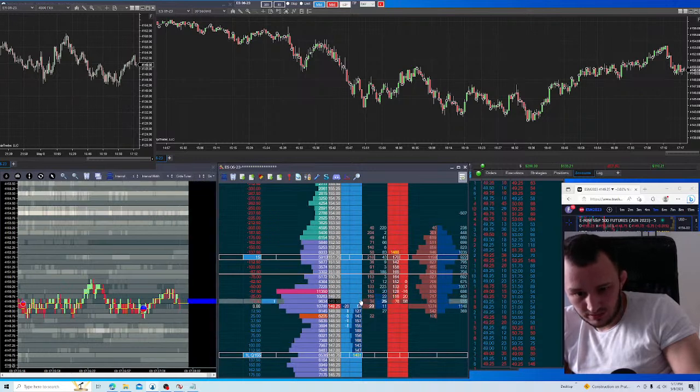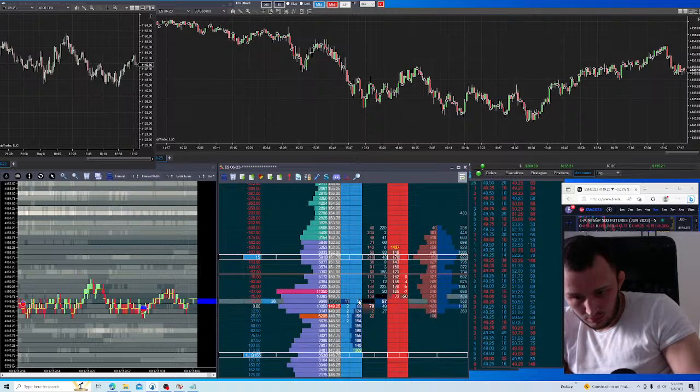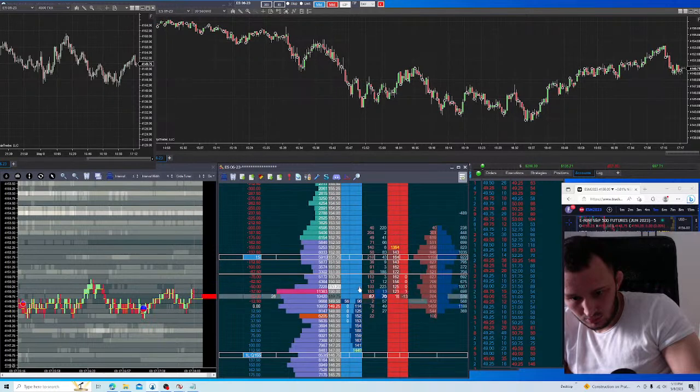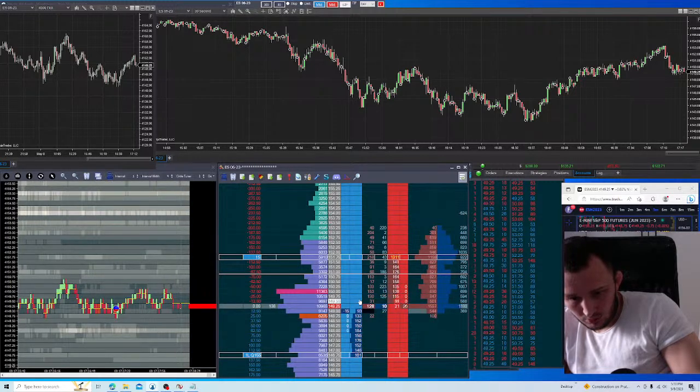I do want to see bigger sellers hit now. If we're not hitting now, I'm out of this trade. Are they hitting? Now we see finally some mid-size hit. But we need bigger players to hit here.